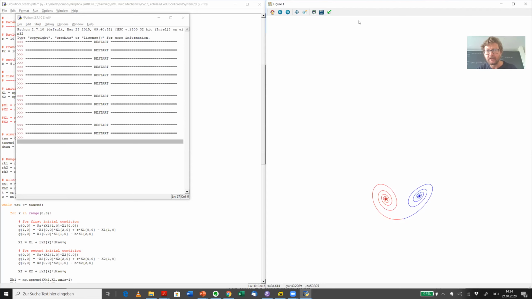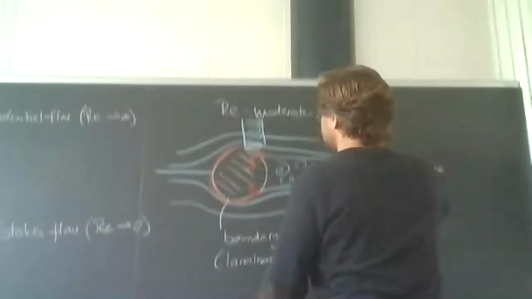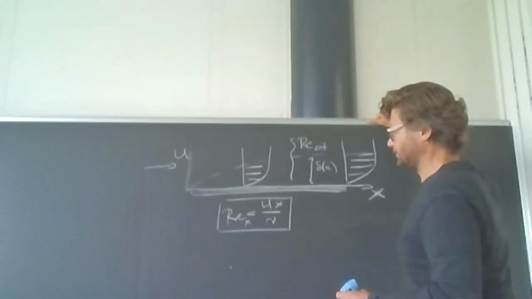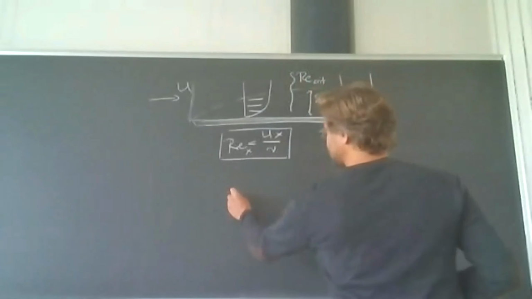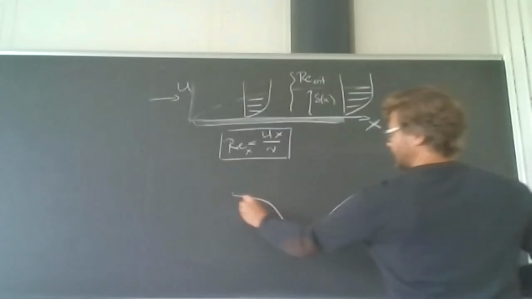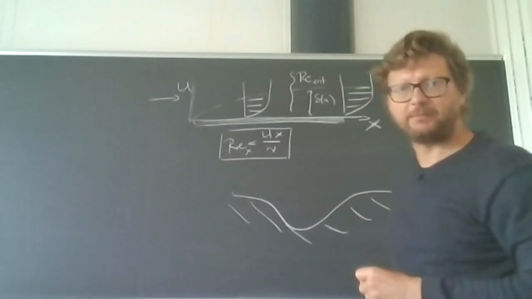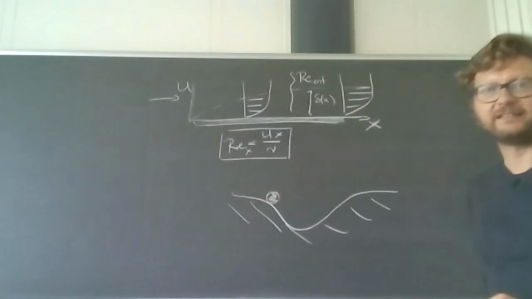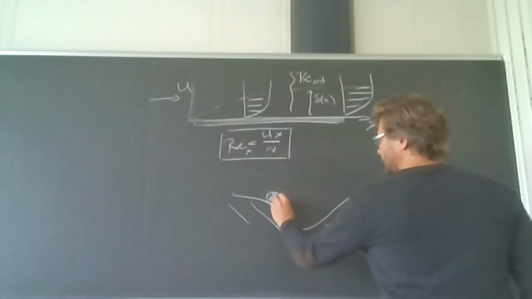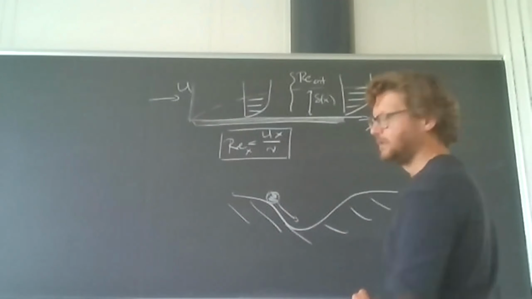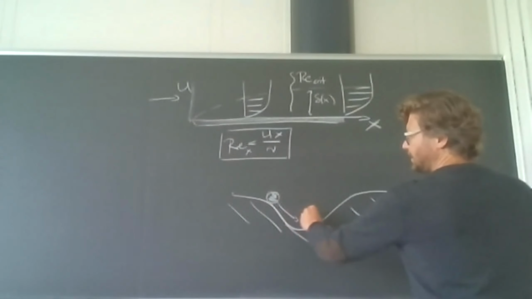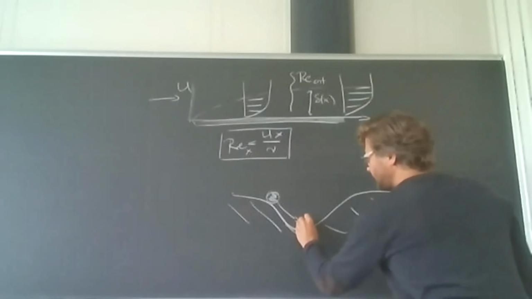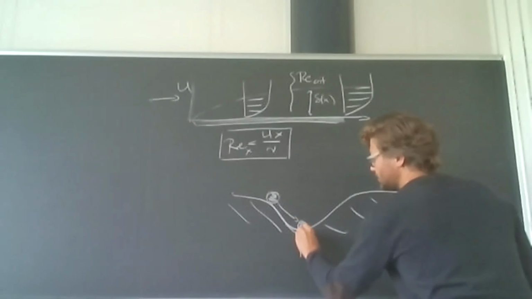Let me just quickly go back to the blackboard. The very typical situation you will all know is if you have a surface of that shape and you have a little bead, and you place it here and you let it go, and of course it will roll down, and maybe it will swing a bit about the lowest point, but eventually it will end up down here at the lowest point.